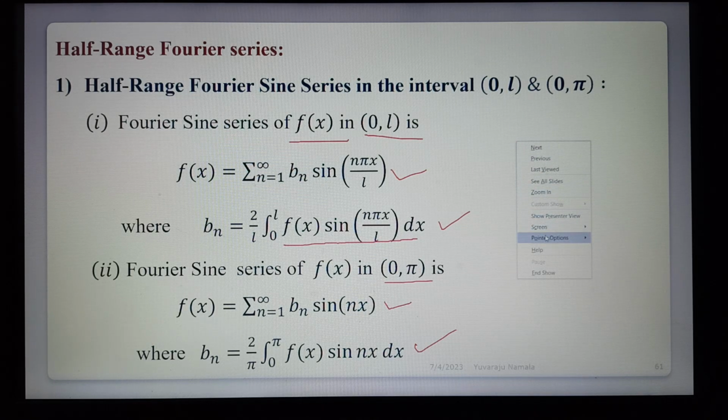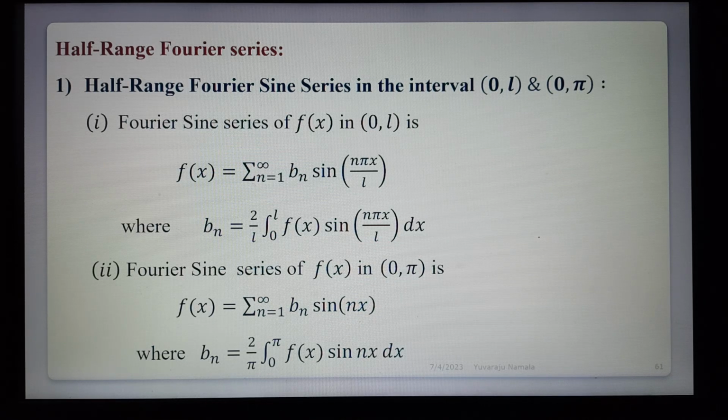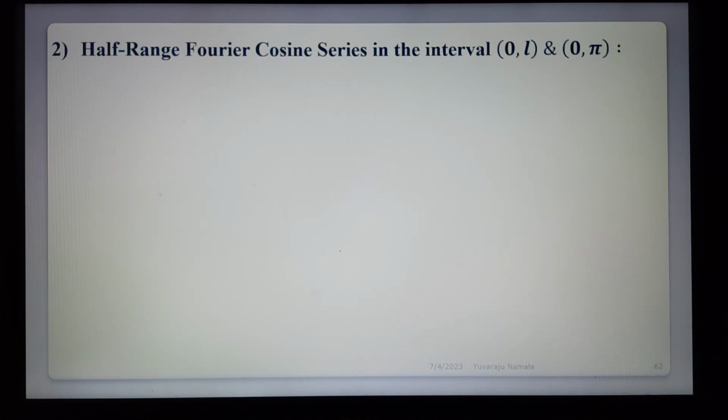Similarly, we define the half range Fourier cosine series in the interval 0 comma L and 0 comma pi.